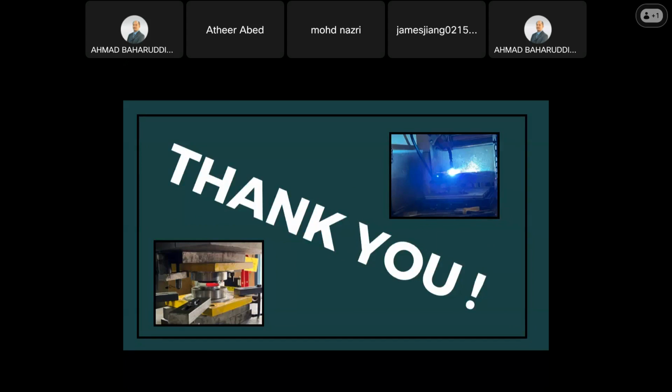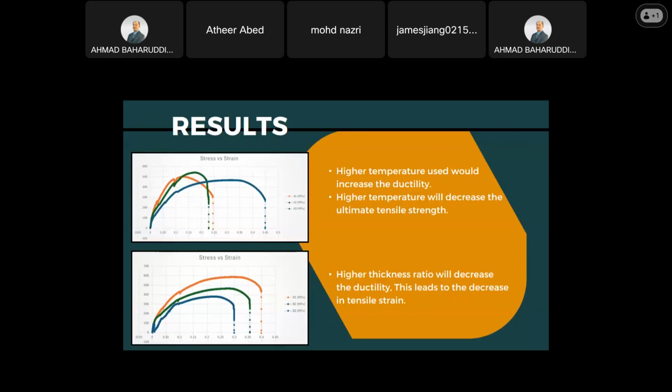What you have found just now, that increasing temperature will increase the ductility, and increasing temperature will decrease the strength. Is it in agreement with the theory? If you look back into the stress and strain curve, is it in agreement with the theory or not?